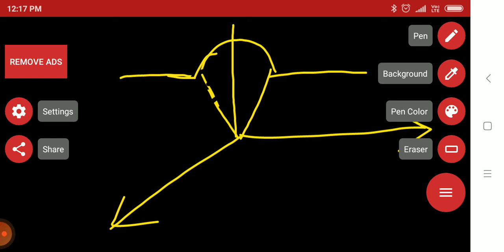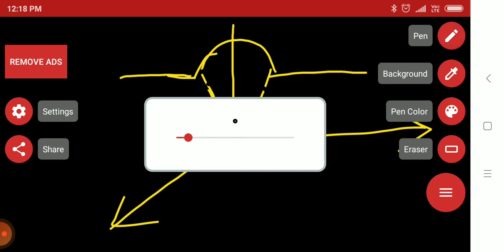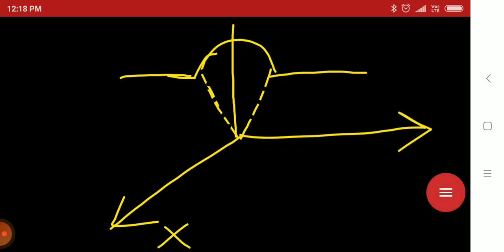Let us draw the dotted line. Now that 60-degree angle we have drawn, first name the axes, that is x, y and z.